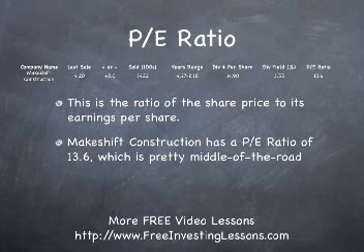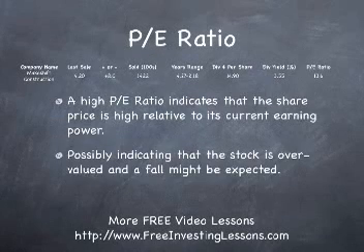The last value in most market tables is the PE ratio, price to earnings ratio. This is the ratio of the share price to its earnings per share. A high PE ratio indicates that the share price is high relative to its current earning power, possibly indicating that the stock is overvalued and that a market adjustment or a rapid fall in price might be expected.